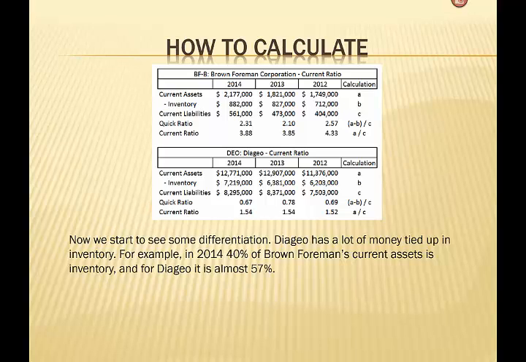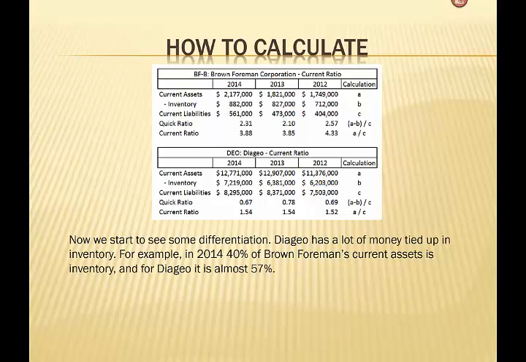However, our quick ratio is starting to be less than 1. Basically we're taking 12,771, we're subtracting out the 7,219, and then dividing by 8,295. And so now when we start looking at the quick ratio, we're going, oh, so inventory does have a huge impact on this number.